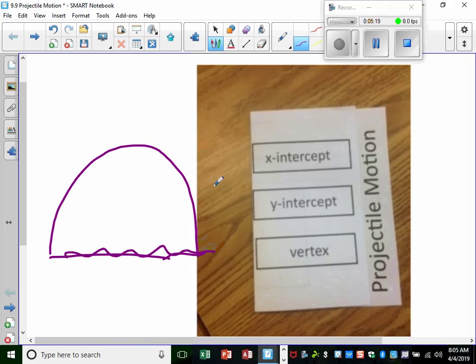So when you actually land, I could ask you the question like, how long will it take you to land in the water? And so you're looking at the x-intercept. So think of this like your x-axis where the water is. And if I say, okay, how long will it take you to land in the water? Okay, you're looking at when you hit right here, which is like your x-intercept.